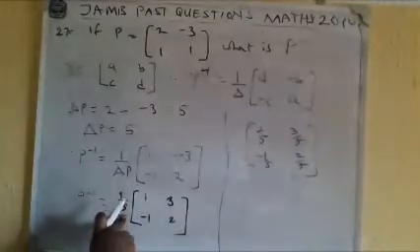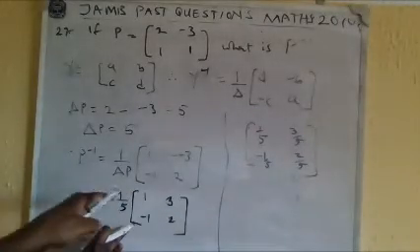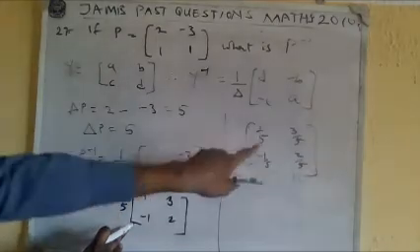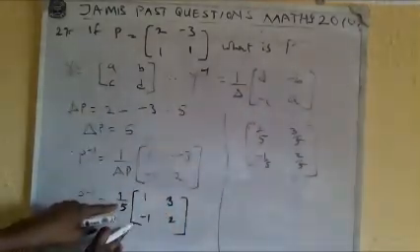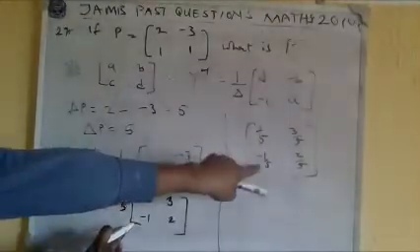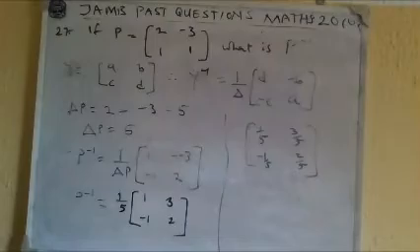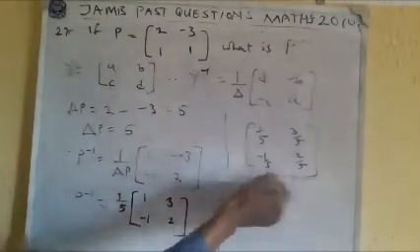So 1 over 5 times 1 will give 1 over 5. Then this one times this one will give you this, and so on. So this is the inverse matrix of the whole of this.